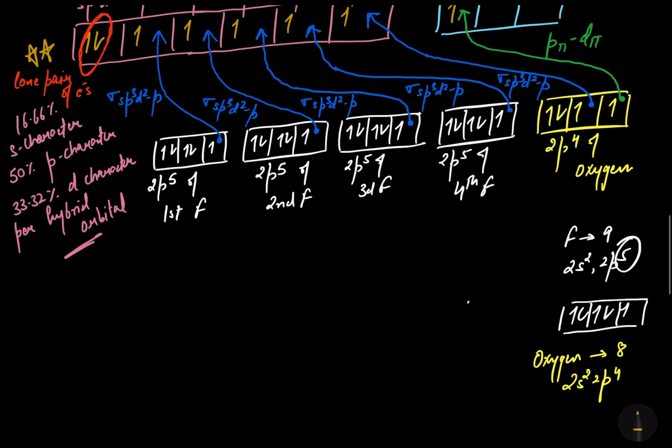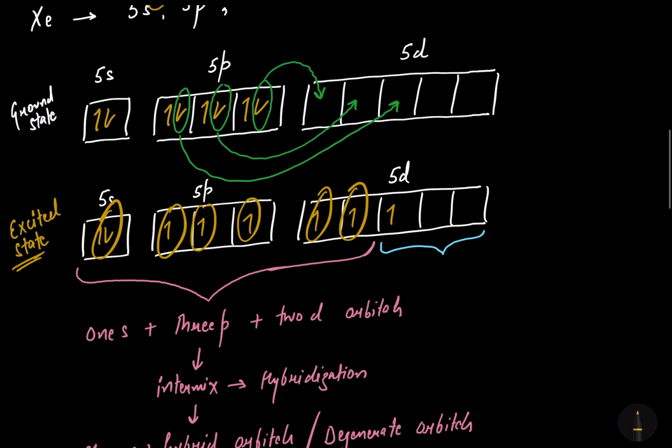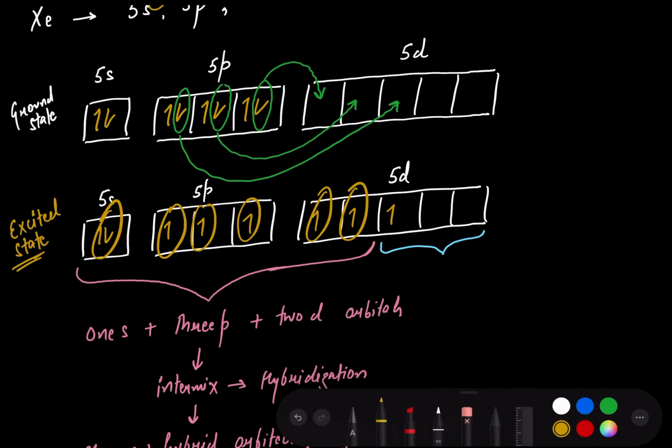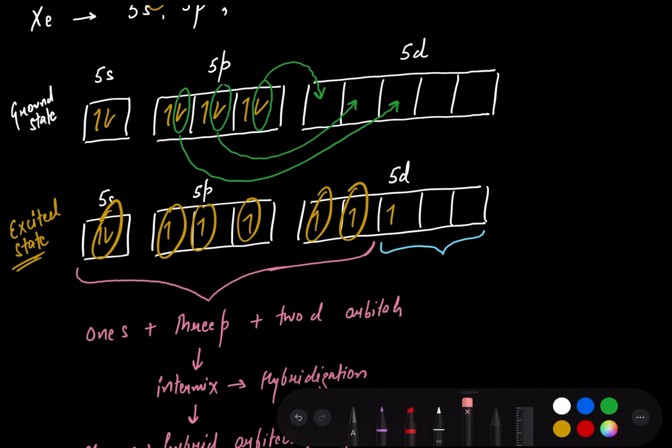Now at last let's talk about the energy points, which I usually discuss in the last. Now, energy is required to excite the electrons from 5p to 5d.